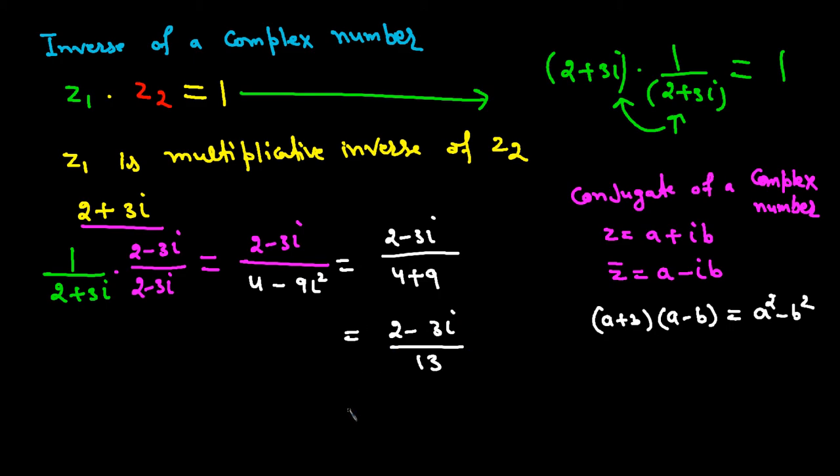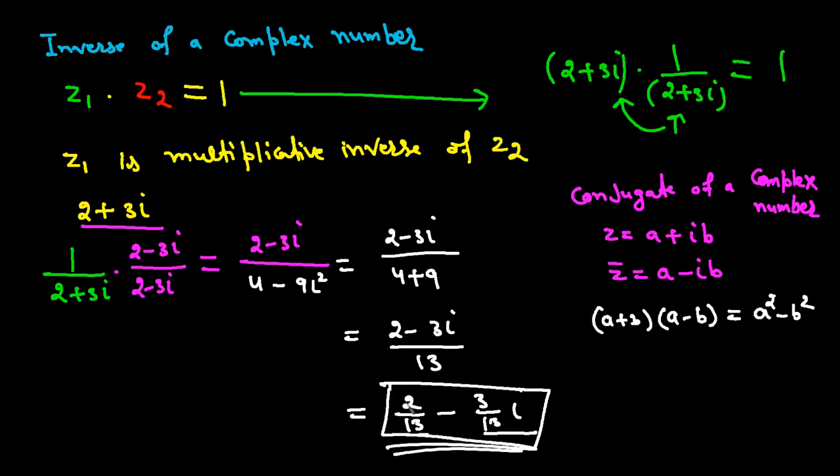And this can be rewritten as 2 over 13 minus 3 over 13 i. So this is the standard form of a complex number. See, the first part is the real part, the second part is the imaginary part. So you can say this is also a multiplicative inverse of 2 plus 3i.